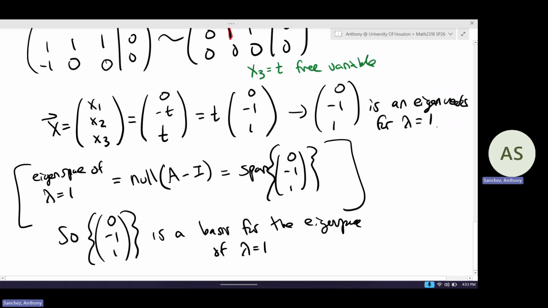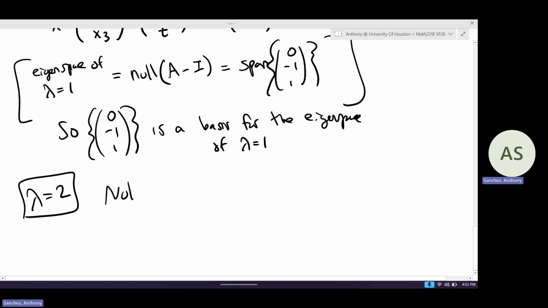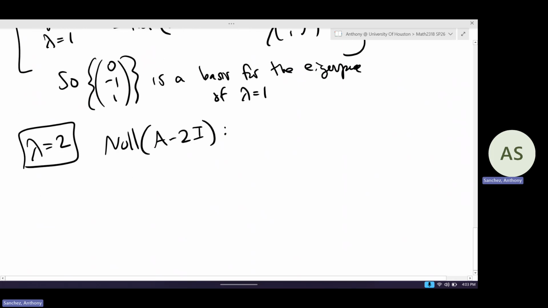All right, now that I've finished the lambda equal to 1 stuff, I can go over to the lambda equal to 2 stuff. That means I have to consider the null space of A minus 2I. I will jump straight to the calculation. I remember the entries of A, right?